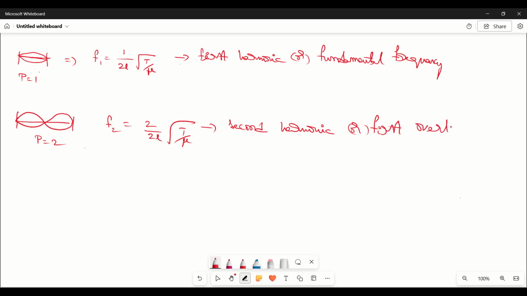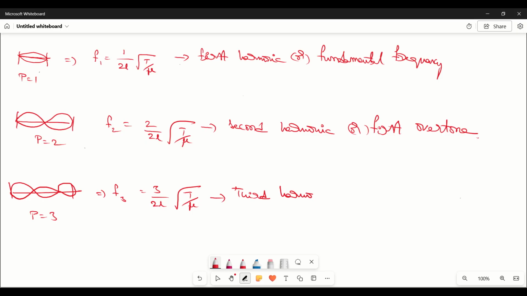When three loops are formed across the string, we can represent p equal to 3. Then the frequency is f3 equal to 3 by 2L into the square root of T by mu. So we represent it as the third harmonic, or the second overtone.